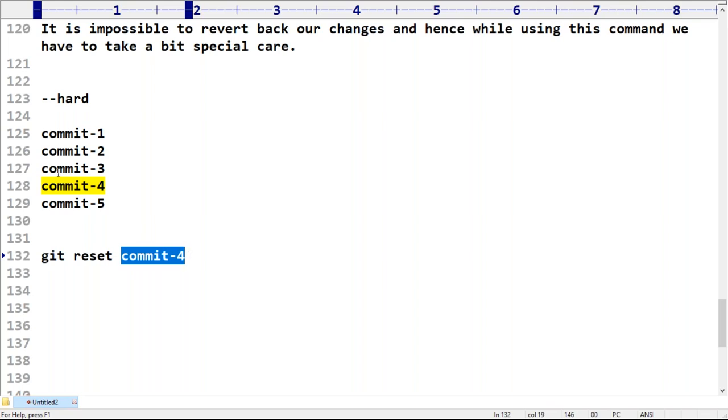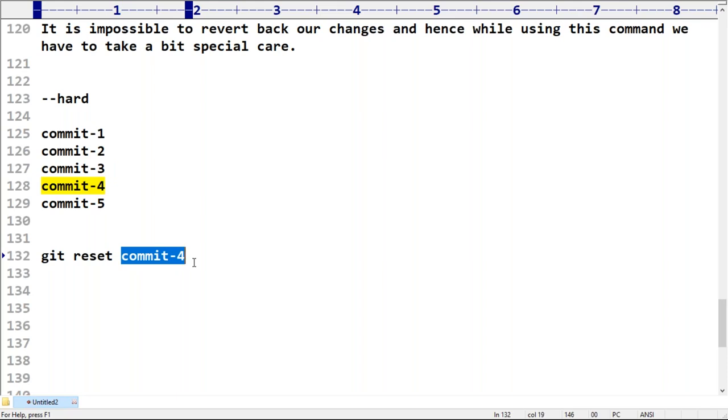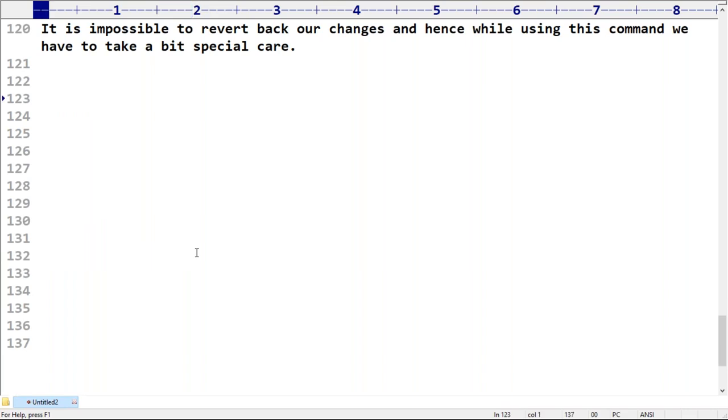What will happen? Except this commit 4, all the remaining commits by default will be removed. Don't think only commit 4 is going to be deleted. No, sir, after this commit 4, whatever recent commits, all of them will be gone. That's why take special care about these two scenarios while using the reset command.